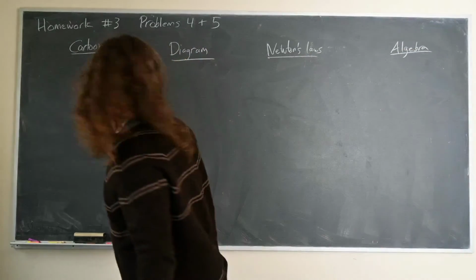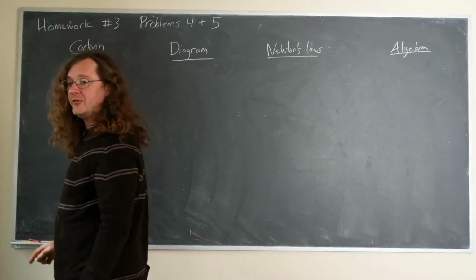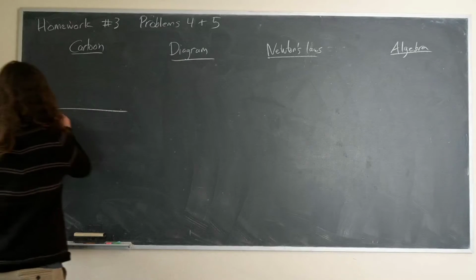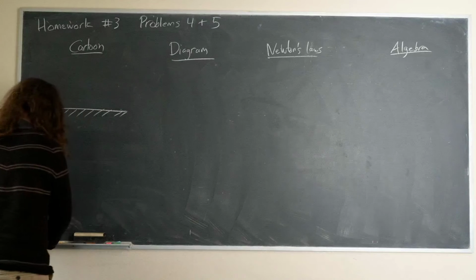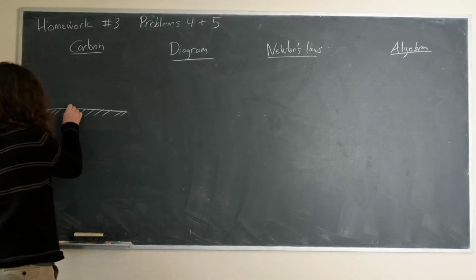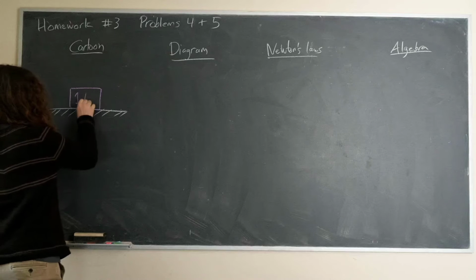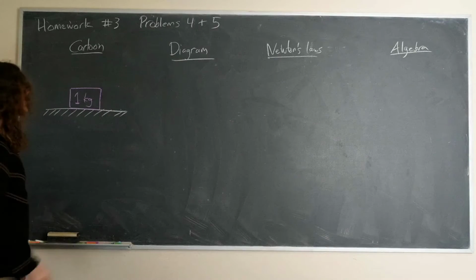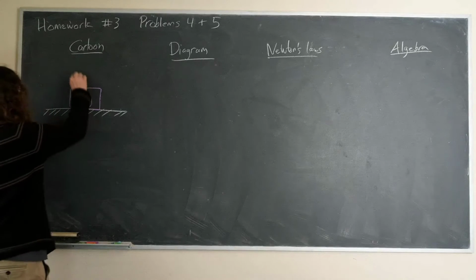So problem 4 asks you to imagine a 1 kilogram book on a horizontal frictionless table. So we have a table here. The table doesn't move. We have a 1 kilogram object, and something mysterious pushes down on it at an angle 30 degrees from the vertical.